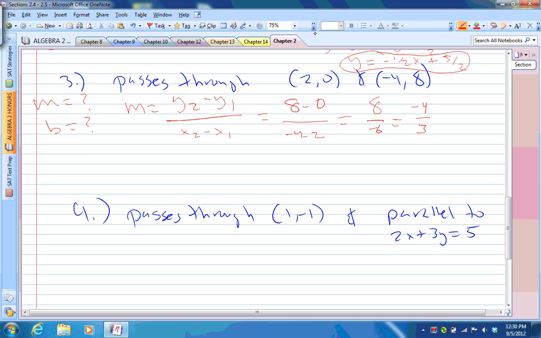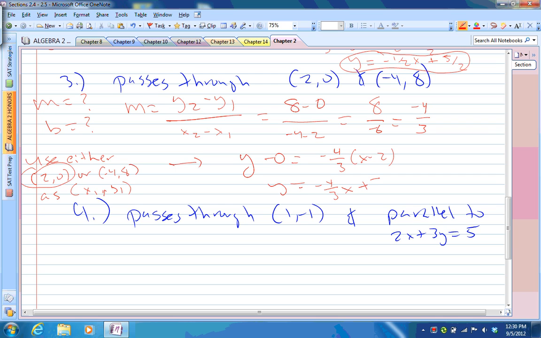And then I can use either (2, 0) or (negative 4, 8) as (x1, y1). Let's say we use (2, 0). Doesn't really matter, but that's just easier to use. y minus 0 equals negative 4/3 times x minus 2. So y equals negative 4/3 x plus 8/3.